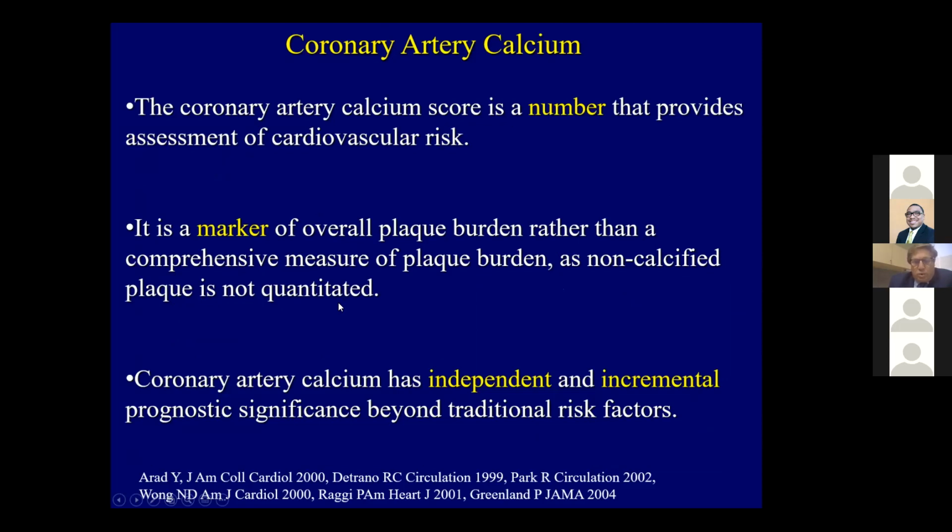If we could truly quantitate both calcified as well as non-calcified plaque, that would really be the uber marker of risk. But we're just counting the calcified plaque, recognizing that behind this calcified plaque, there is non-calcified plaque on its way to becoming calcified. And the studies demonstrate that coronary artery calcium has independent and incremental prognostic significance beyond traditional risk factors.